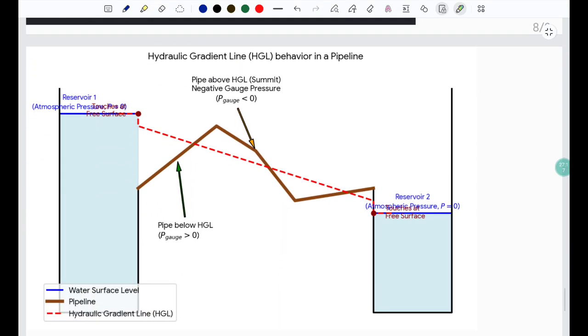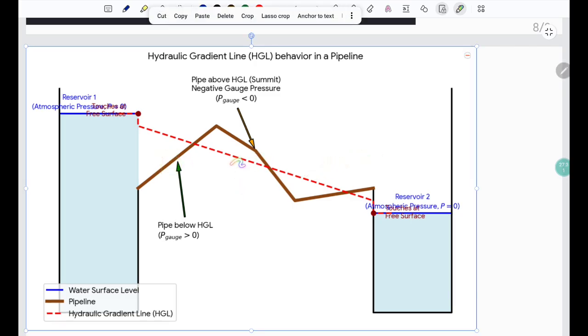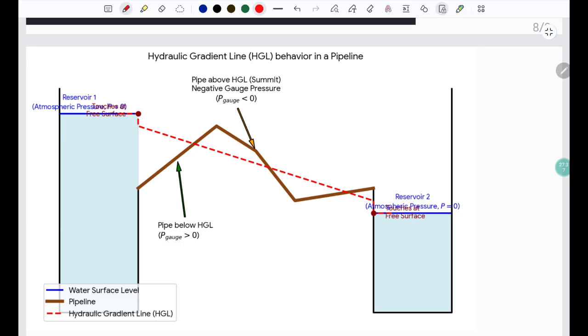So this is how the hydraulic gradient line varies when there is flow between two reservoirs at different elevations. The dotted line is your hydraulic gradient line and this is our pipeline. We can clearly see that when the pipeline is above the hydraulic gradient line, the pressure becomes negative.